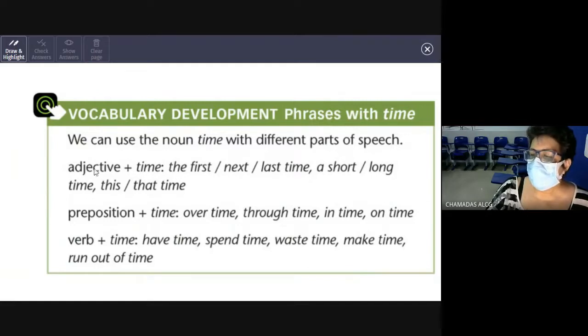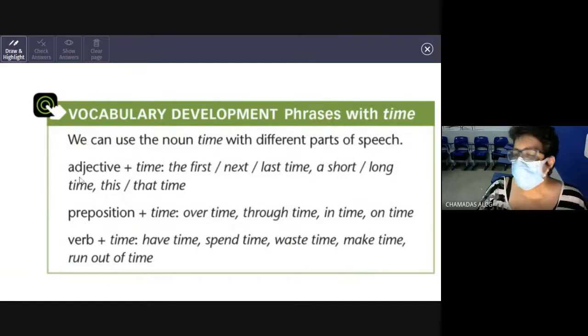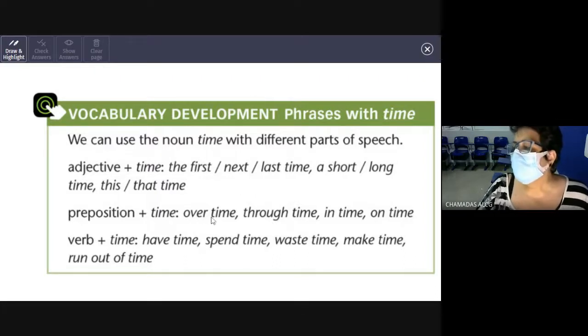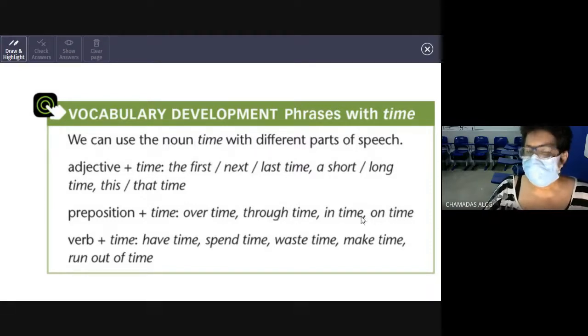We can say an adjective plus time. Example, the first time, or next time, or last time, a short time or long time, this time, that time. This is something we use all the time, okay? Preposition plus time. Example, over time, through time, in time, on time.